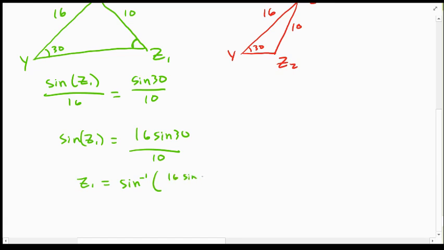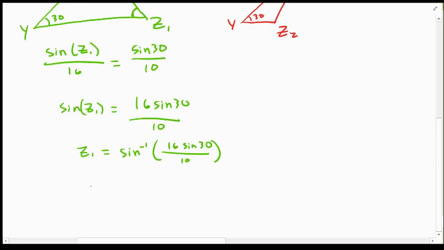Now I'm going to take a second to plug this into a calculator to solve for my first angle. So 16 sine 30 divided by 10 gives me an angle of about 53.13. So there's my first solved angle, the measure of angle Z.